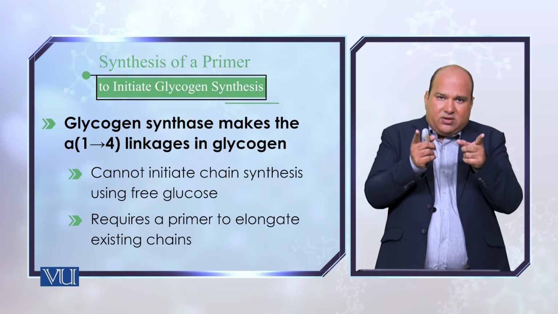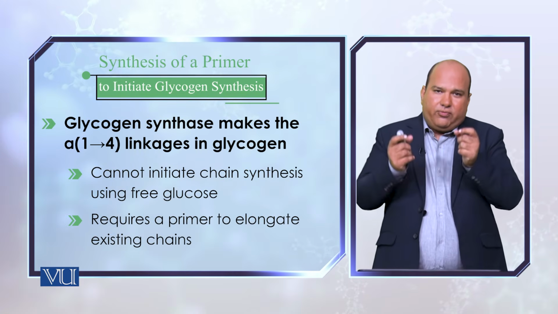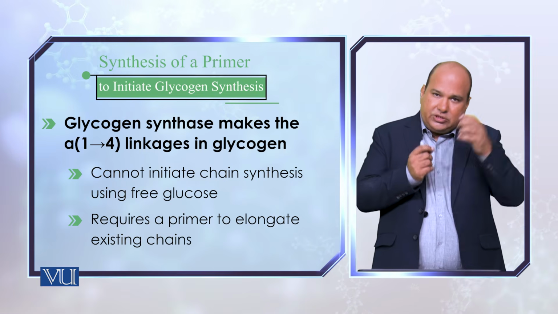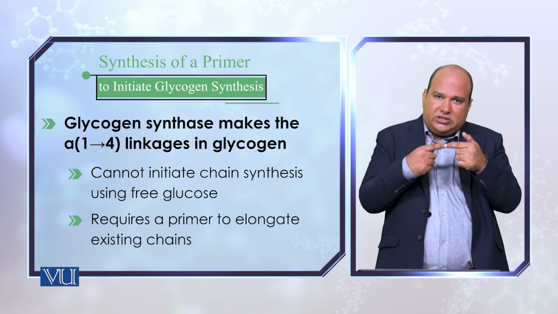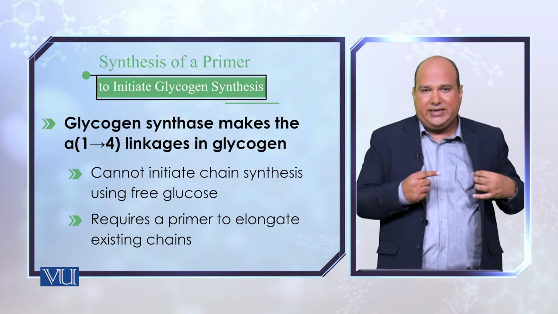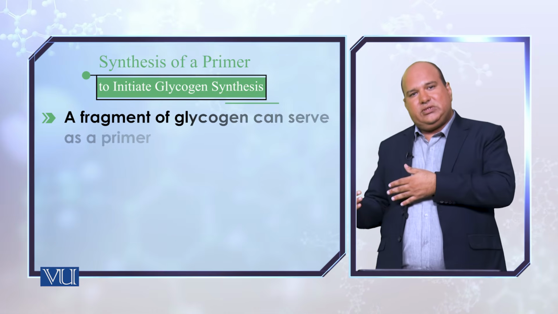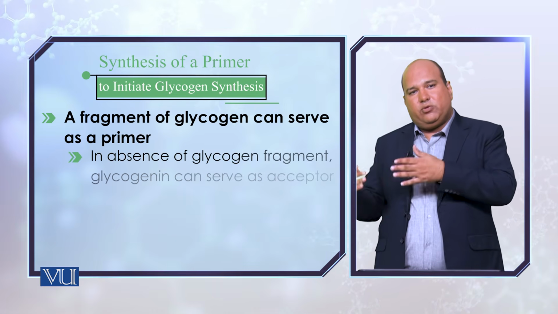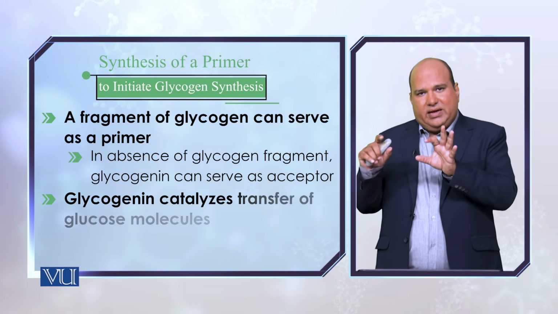You have to have certain residues of glucose first in the form of a short fragment, and that short fragment acts as a primer. So, once you have that primer of a short fragment of glucose residues which are linked with each other through alpha 1,4 linkage, then the elongation of the glycogen will really start.